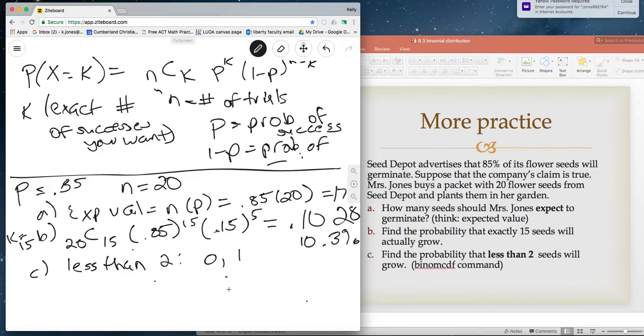So we're going to do the probability twice. So I'm going to do it once when k is 0, and then I'm going to do it again when k is 1. And I'm not going to write out the formula, but we're going to do 20C0, 0.85 to the 0, and 0.15 to the 20th. And then I'm going to do it again for 1, so 20C1, and so on. So go ahead and get your calculators out and start plugging those in.